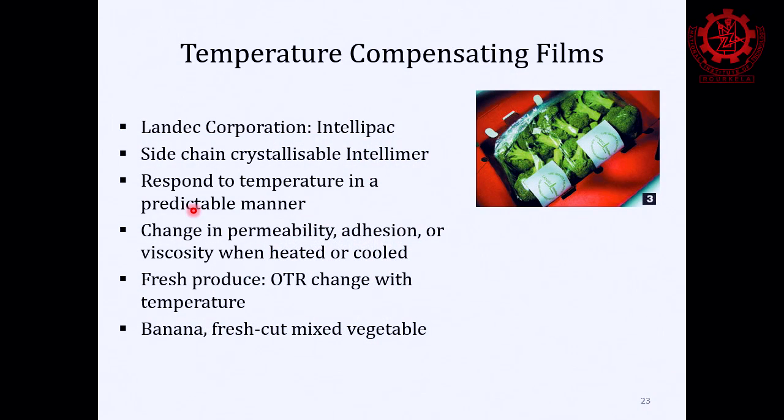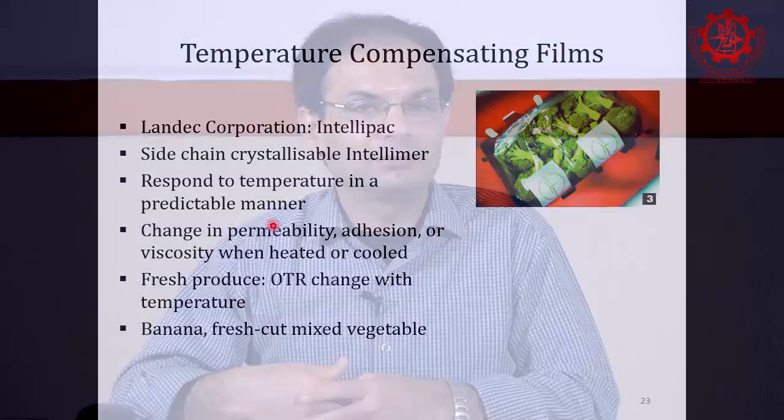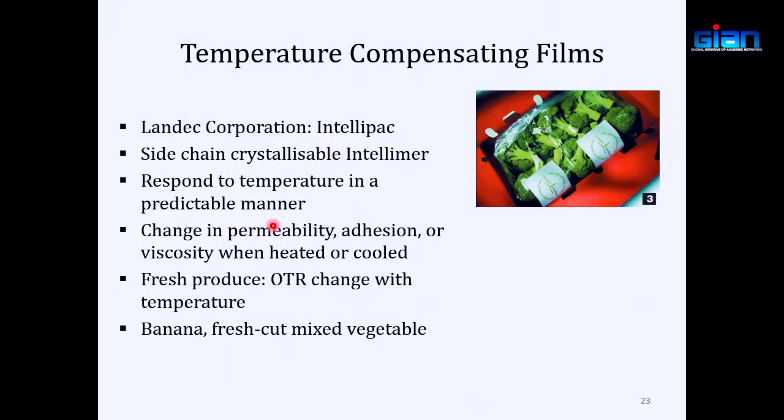But then the temperature changes, then your respiration will change, and then your composition inside will also change. So the film permeability requirement will also change, but if it is the same film, then it's not going to be very effective. So they came up with a film which would change its permeability. So if you increase the temperature, it would change its permeability. So this is being used for fresh cut vegetables.